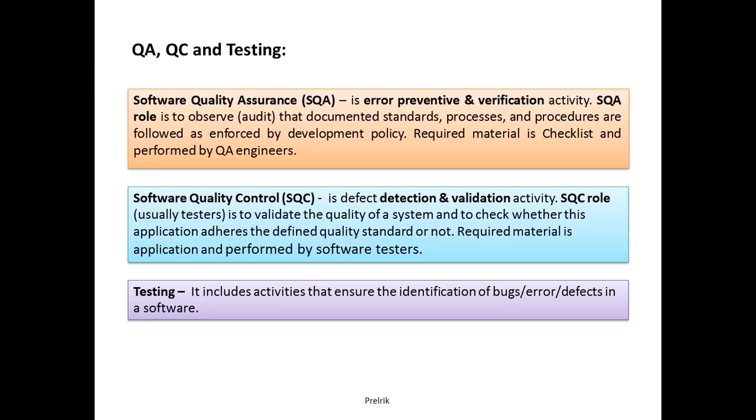It's monitoring and improving the SDLC process. And QC is to validate the product once the code has been done, and testing is a process of finding bugs and errors. Okay, so I'll explain it in a much better way in a further slide, when I explain the software testing types.